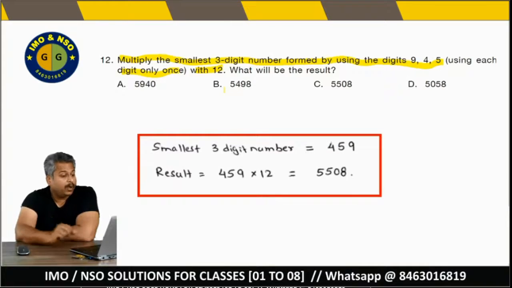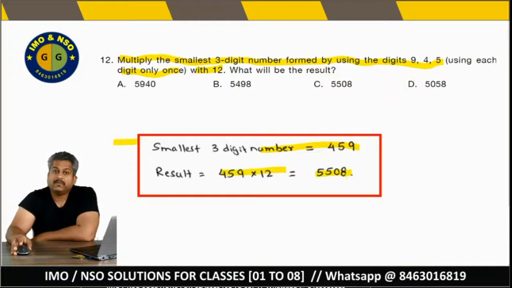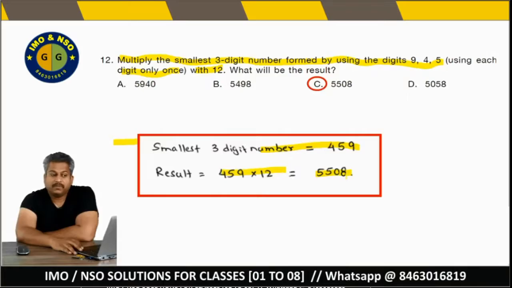So the smallest 3-digit number which you can form is 459. So when 459 is multiplied with 12, it will give 5508. Okay, so this is your correct answer.